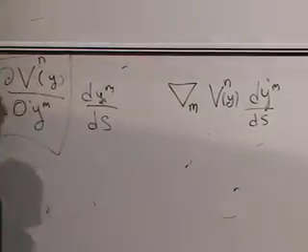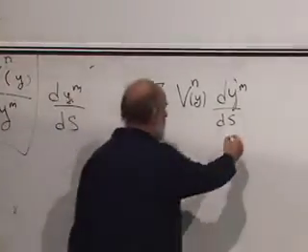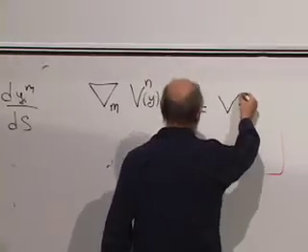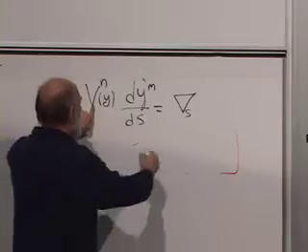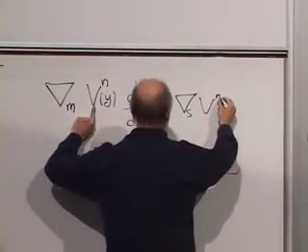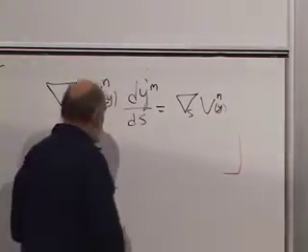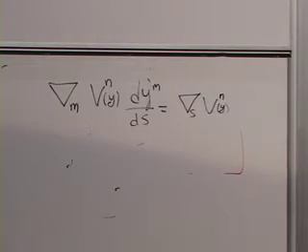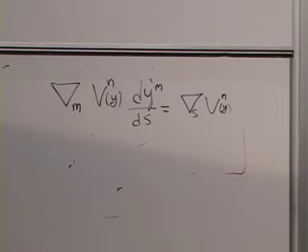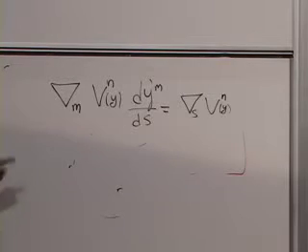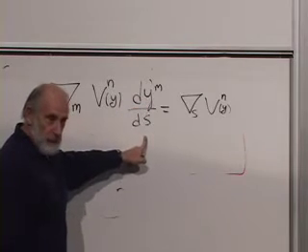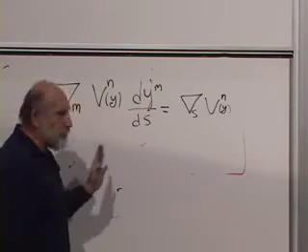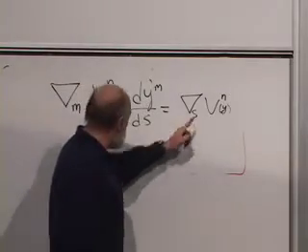That we can think of as the covariant derivative. The notation for it is the covariant derivative with respect to the parameter s of v^n. In other words, we've defined a covariant derivative of a vector along a curve. How? You just take the ordinary covariant derivative and you multiply it by the tangent vector. The tangent vector just tells you what direction you're differentiating in.